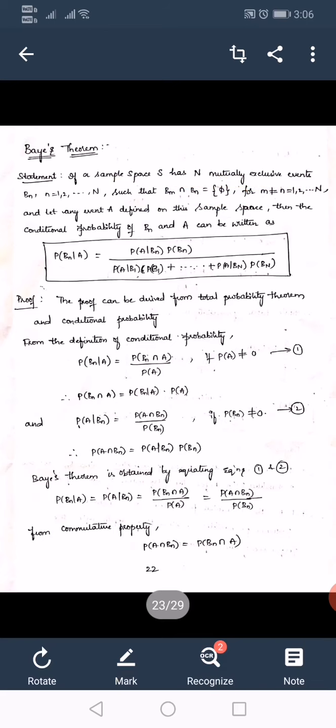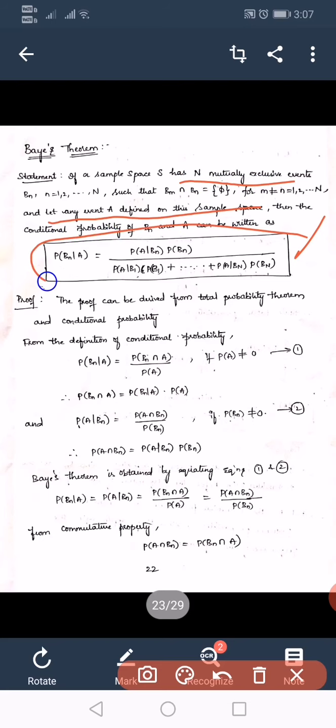In the same way as total probability, let us consider an event A in the sample space S. Now the Bayes theorem we define as P of Bn given A equals P of A given Bn into P of Bn, divided by P of A given B1 into P of B1 plus P of A given B2 into P of B2 plus so on up to n number of terms, because there are n mutually exclusive events, up to P of A given Bn into P of Bn.